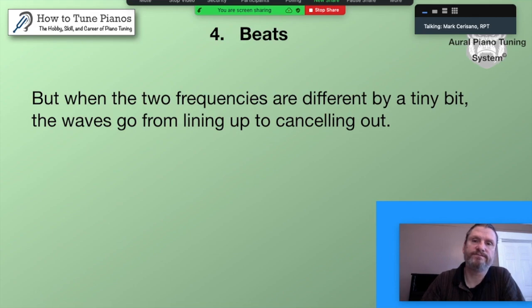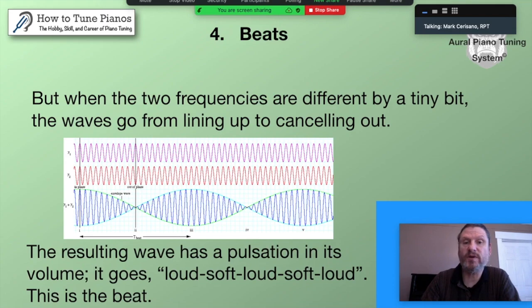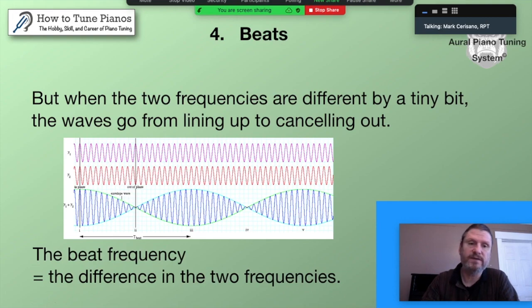So if the two frequencies are different by a tiny bit, then the waves go from lining up to canceling out, like this. And what you end up with is a pulsation of sound, a pulsation of volume, loud, soft, loud, soft. This is what a beat is. And the beat frequency is just the difference of the two frequencies.